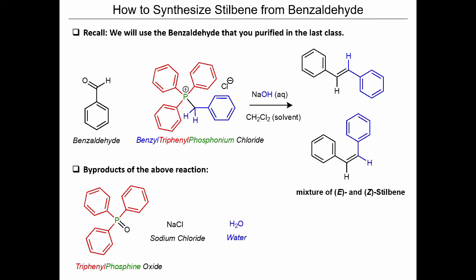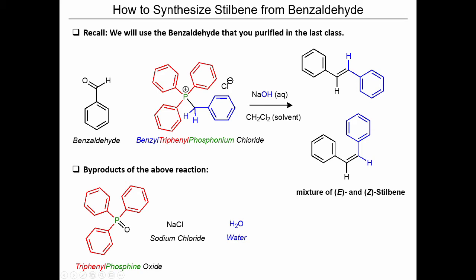So remember from our last experiment, what we did was we purified our benzaldehyde, so we are working with a pure benzaldehyde product. So now what we want to do is we want to react benzaldehyde with this benzyl triphenyl phosphonium chloride.